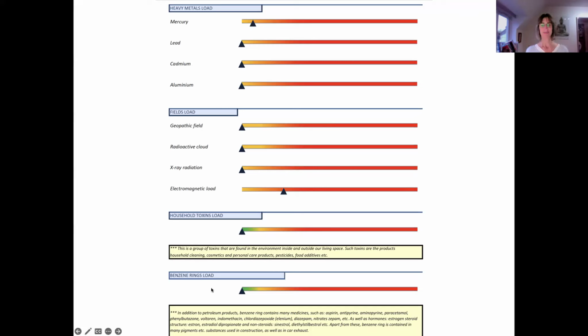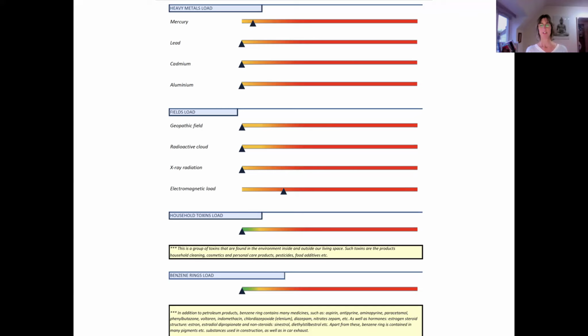And then we look at benzene ring loads, and these are toxins that often come from products containing petroleum. But interestingly, they show up a lot in medicines. So if you're taking drugs that the GP's given you, you may well have a benzene ring load from those medications.